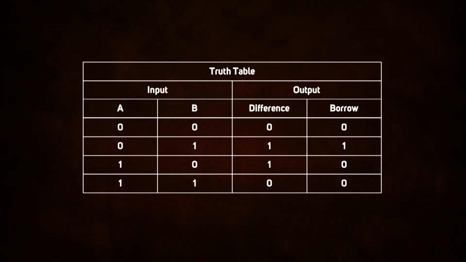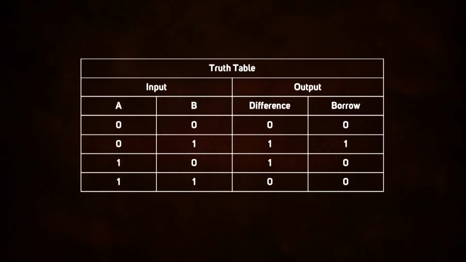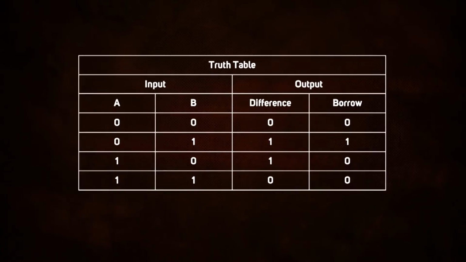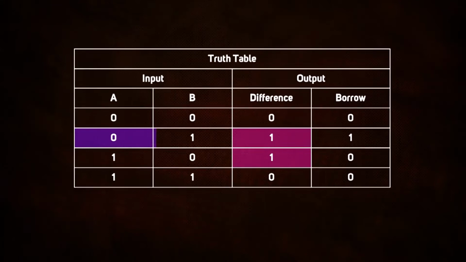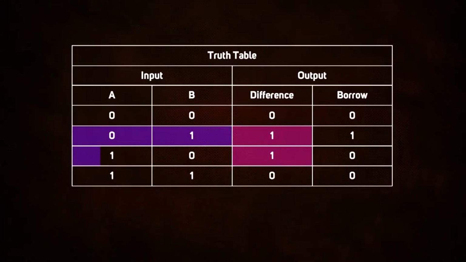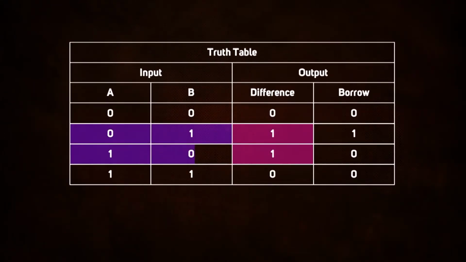From the truth table, we can derive the sum of products expression of the borrow and difference. Do you remember how we wrote the sum of products expression from the truth table? We selected only the min terms that produced 1 and ORed them. Similarly, you can write it now. Observe the difference output of the truth table carefully. The difference is 1 when A equal to 0, B equal to 1 and when A equal to 1, B equal to 0.